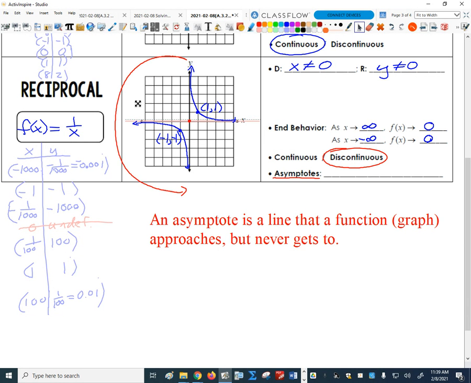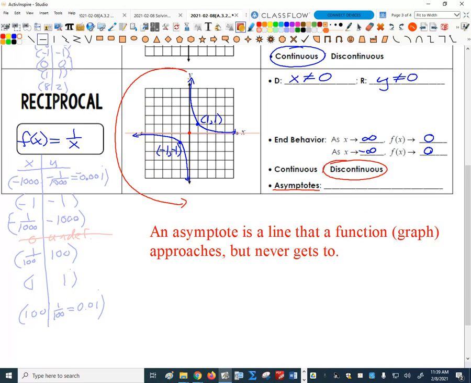Let's put that right on the x-axis. Okay, there we go. There's a horizontal asymptote there. Oh, darn it. And there's also a vertical asymptote there.